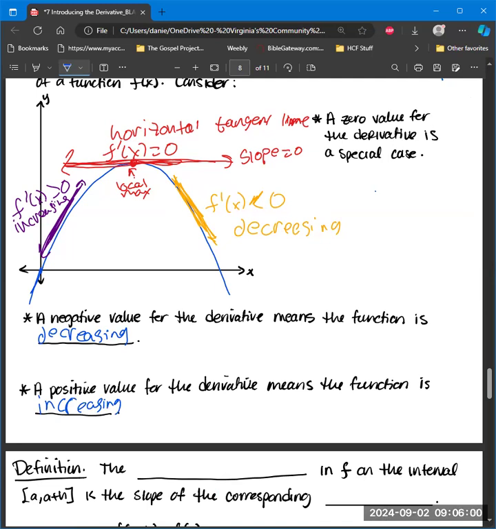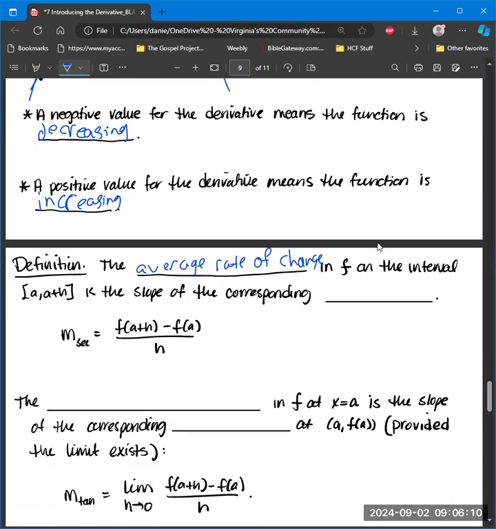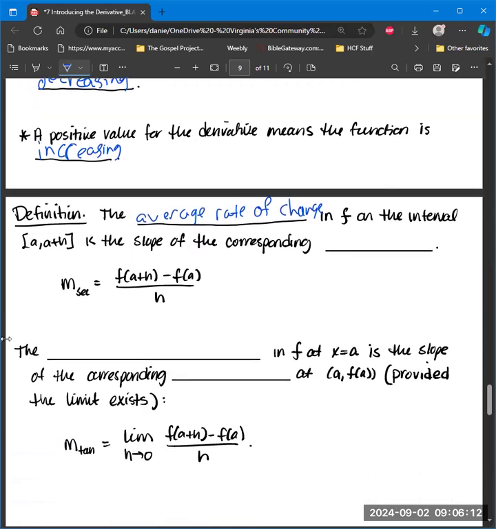The average rate of change in f on the interval a to a plus h, where we just really have our good old b that we used to have here, we've called that a plus h, is the slope of the corresponding secant line, where we used to use f of b minus f of a over b minus a.